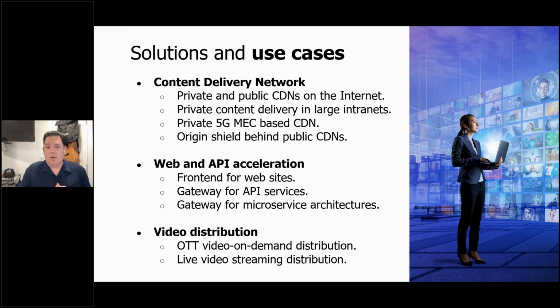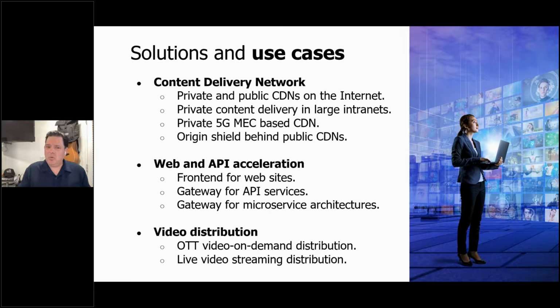So cache can be used for front-end websites, a gateway for API services, and a gateway for microservice architectures. That's really where cache was originally needed and grew as a popular architecture approach from a web application perspective.